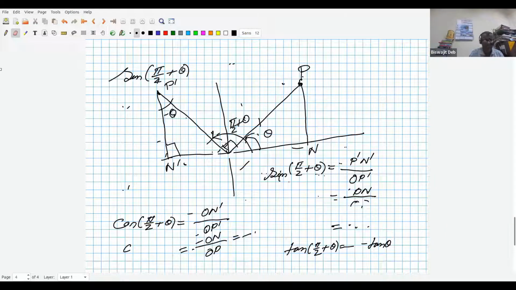Sorry for this mistake. This is sine theta, and this is going to be cos theta.